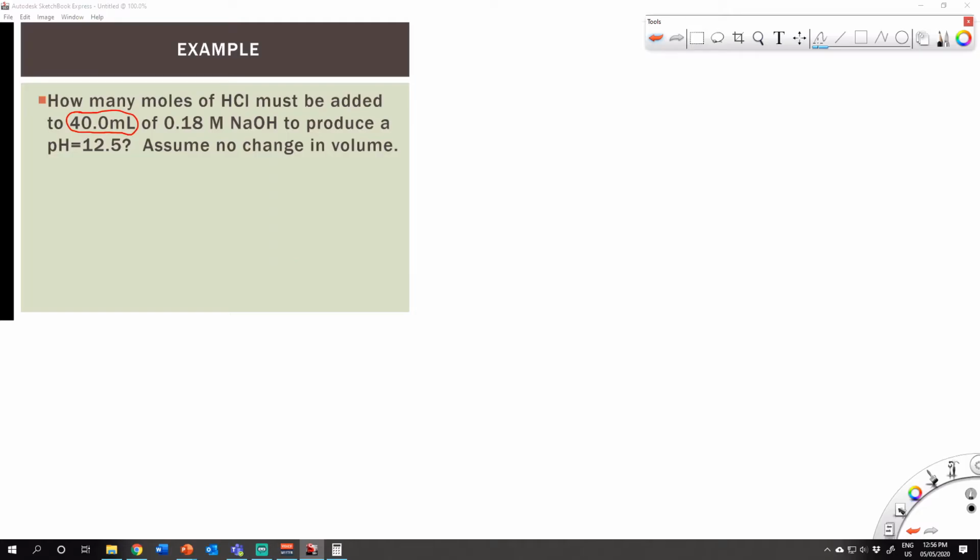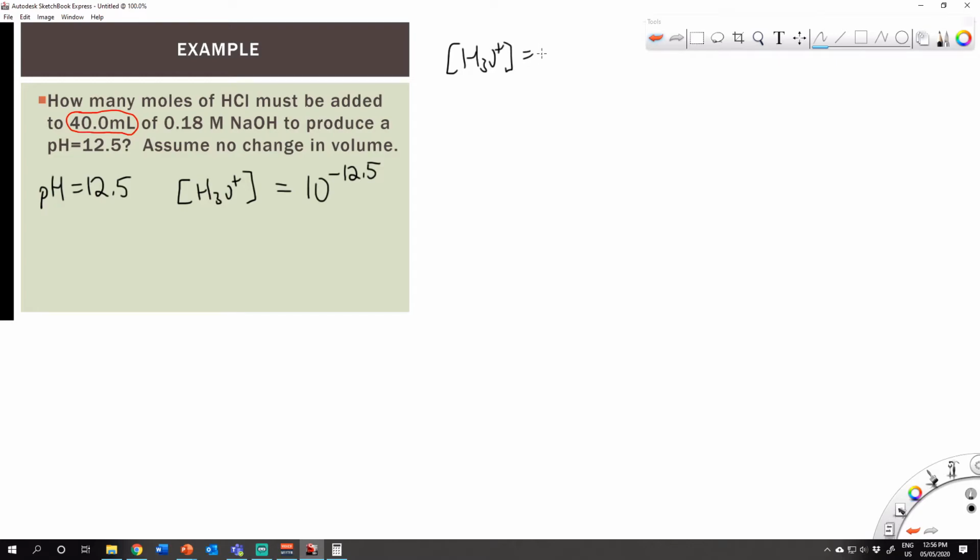All right, so first things first, what can we figure out first? We have a pH of 12.5, and from here we should be able to determine the concentration of hydronium, because the concentration of hydronium is 10 to the negative 12.5. Remember, the concentration of hydronium is 10 to the negative pH.